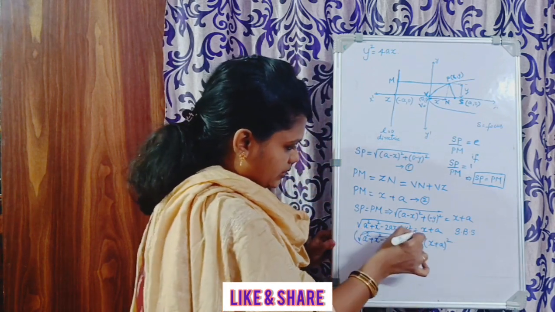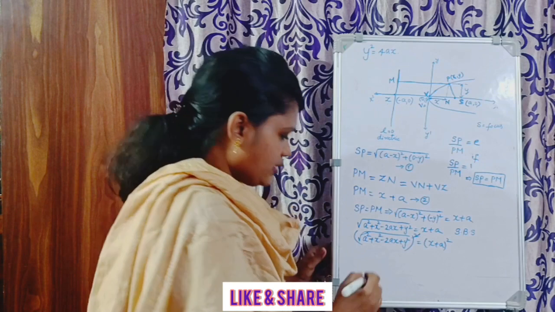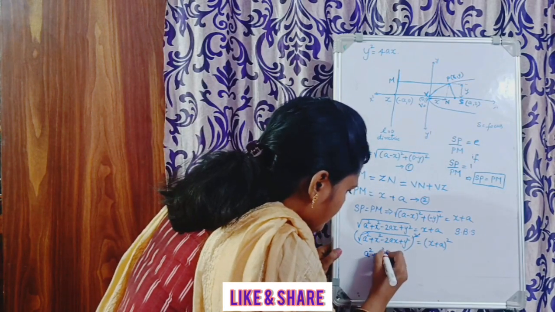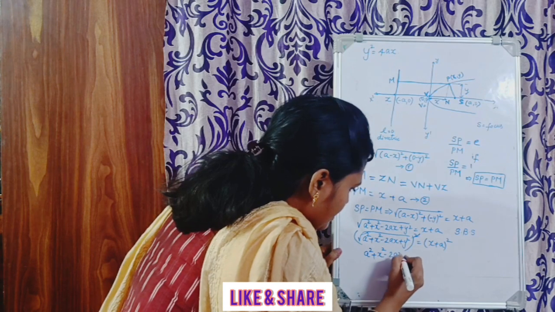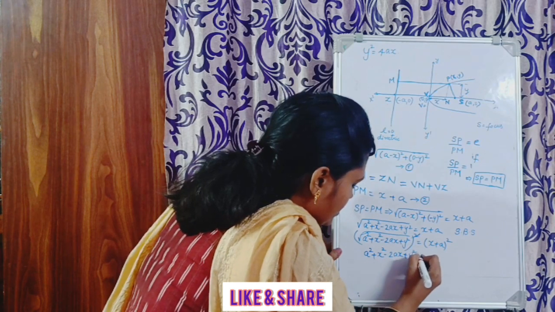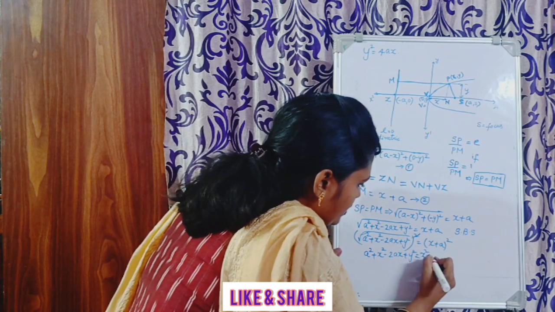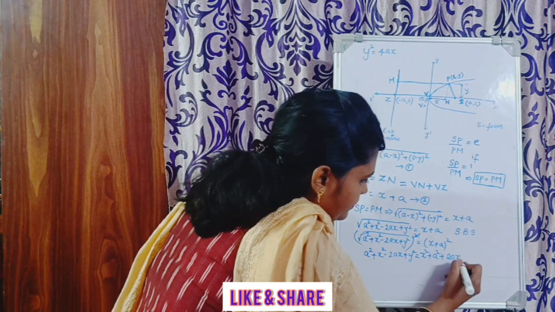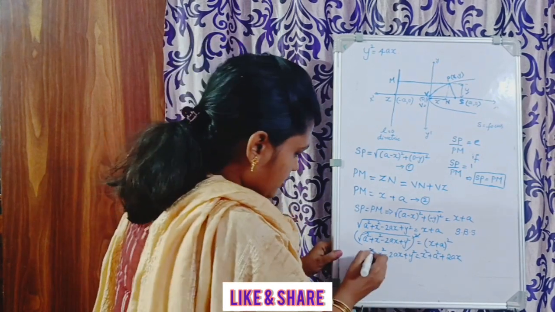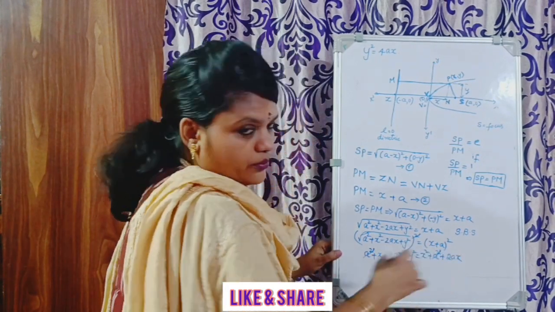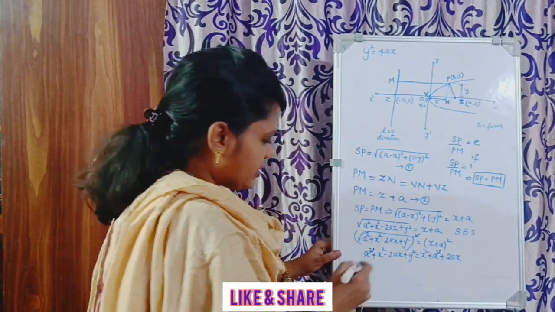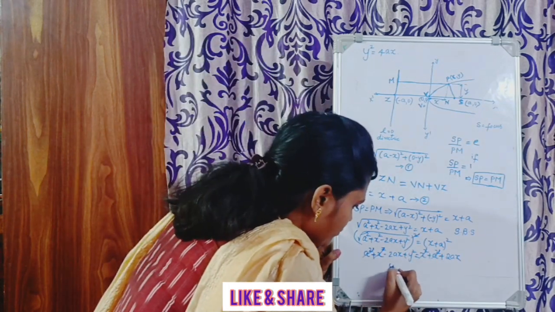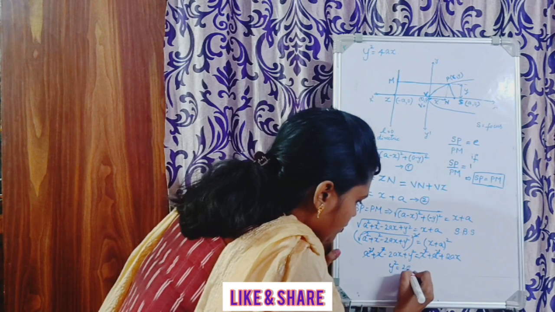The square root cancels the square. Now it is a square plus x square minus 2ax plus y square is equal to a square plus x square plus 2ax. The same terms on LHS and RHS cancel, and x square cancels, which implies y square is equal to 2ax plus 2ax.